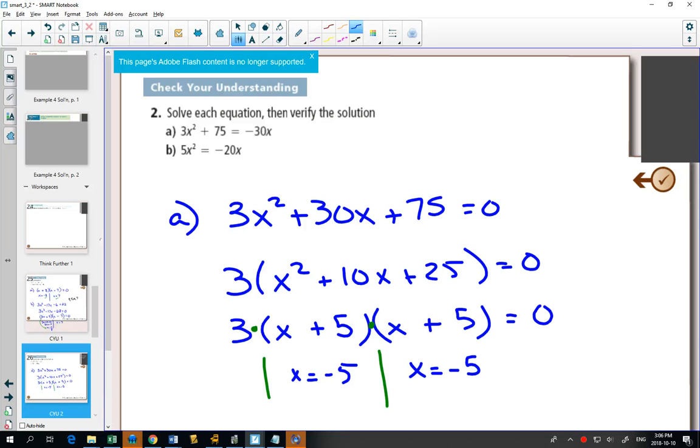No. And so for this one, there is only one answer, and it's x equals minus 5. Later on in grade 12, you're going to say this is an answer with multiplicity too, because it happened twice. But right now, we only got one answer. The answer is x equals minus 5, even though it happened twice.